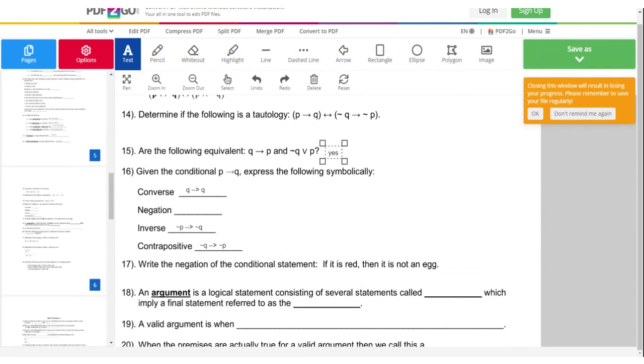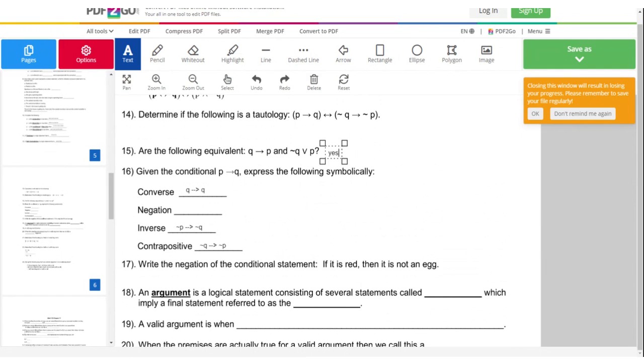Let me just double check something before... Oh, this one's backwards.